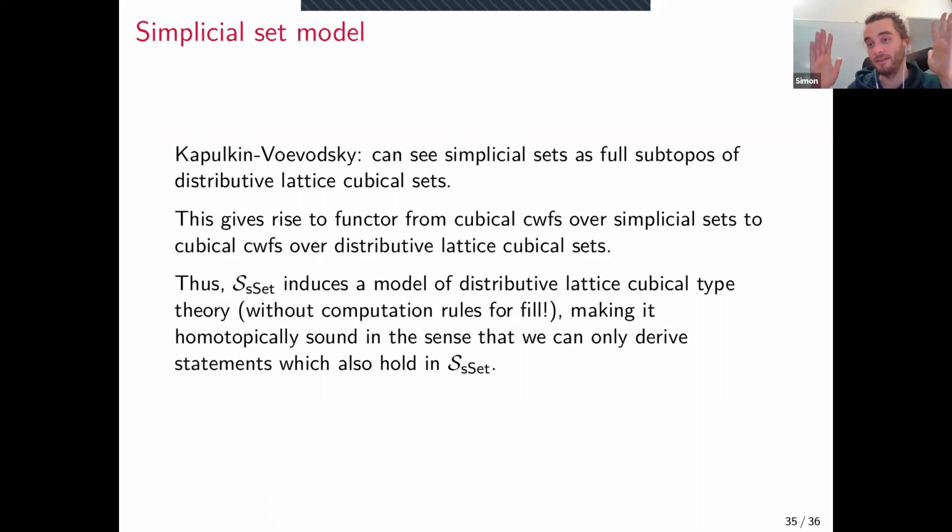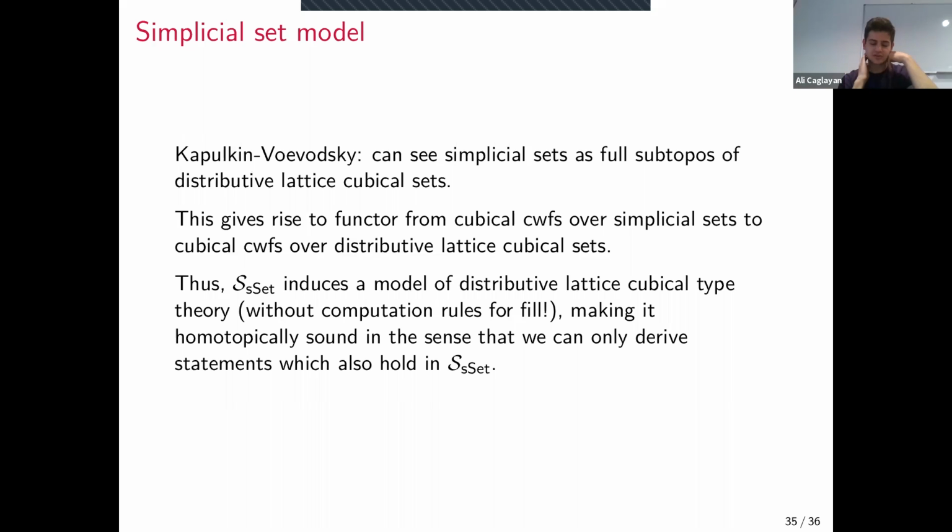Now this is a proof in syntax, but this also has to be true in the simplicial set model, because from the term model I have an interpretation function into the model induced by simplicial sets. So it cannot have a different homotopy group there.